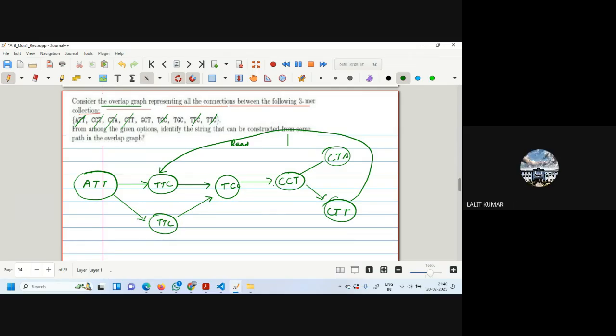No, I cannot go. So I am left with GC. Can I go from this GC anywhere? So I'm left with TGC also. TGC and GCT. So where will they come? Okay, TCC is there, CCT.